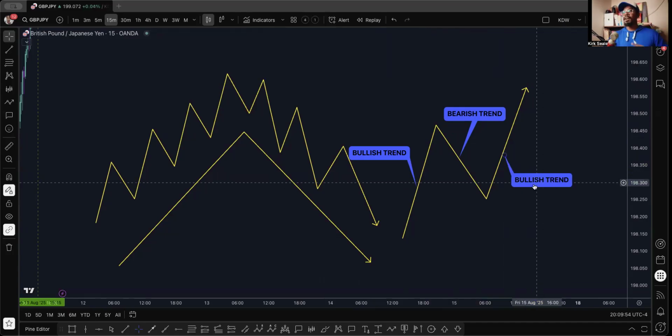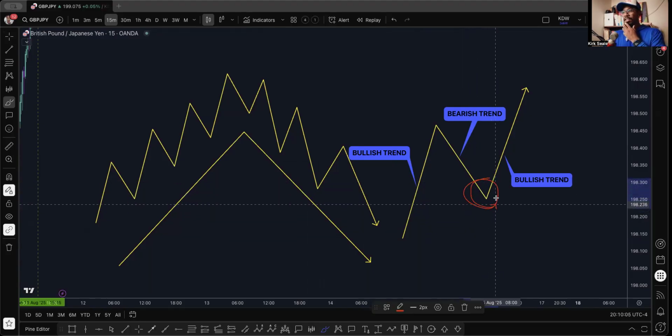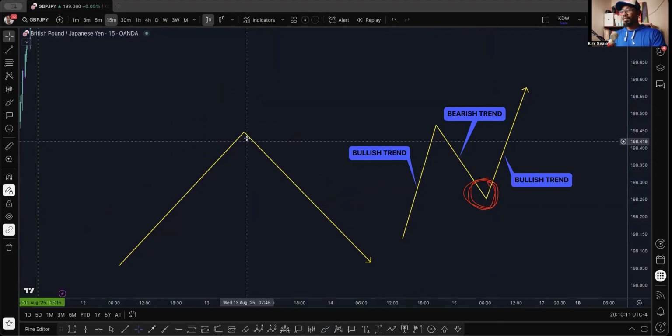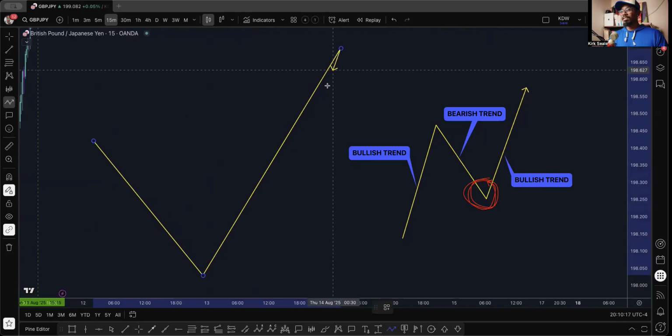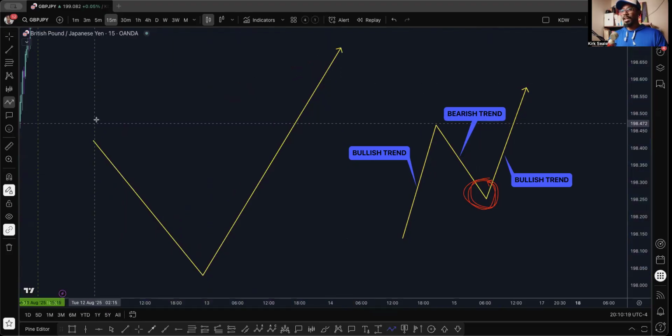All right, now since we have a bullish trend that turns into a bearish trend that turns into a bullish trend, we buy when the bearish trend stops being bearish and becomes a bullish trend. All right, so let me draw the right thing here because that needs to be upside down. So we need this, right? Which in reality is going to look a lot like this.